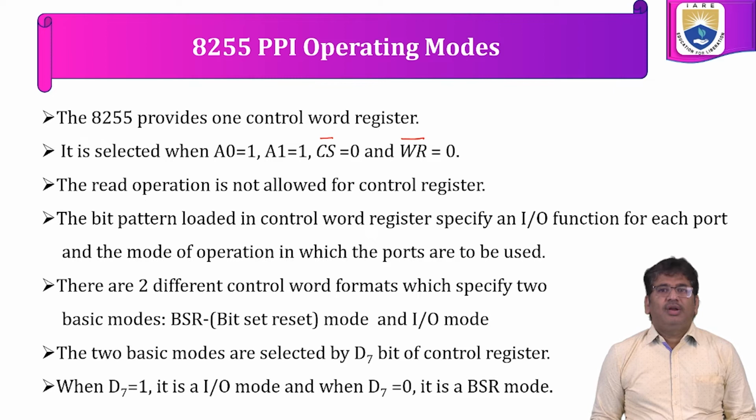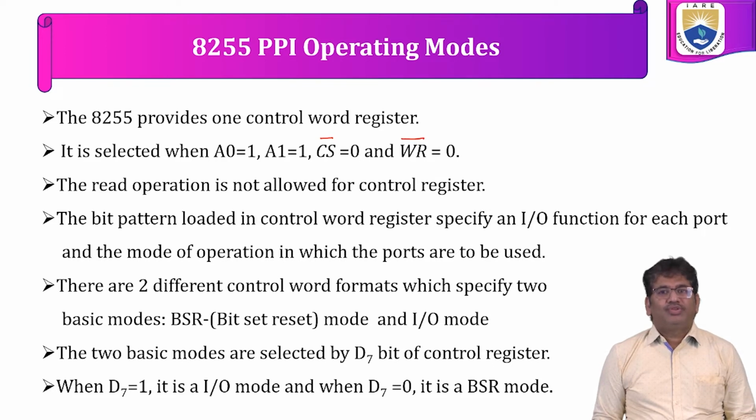The bit pattern loaded in the control word register specifies an input-output function for each port and the mode of operation in which the ports are to be used. There are two different control word formats which specify two basic modes: BSR mode, that is bit set or reset mode, and IO mode.